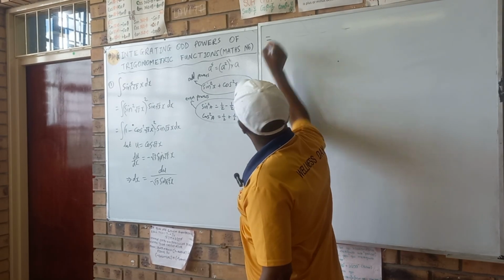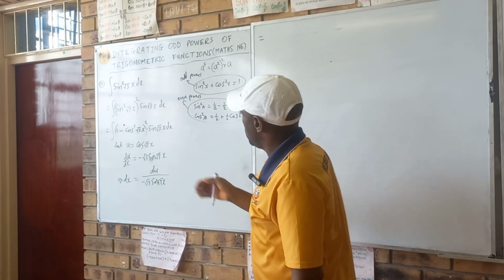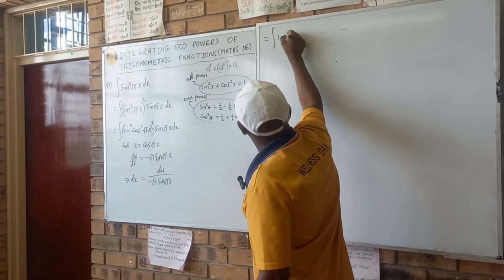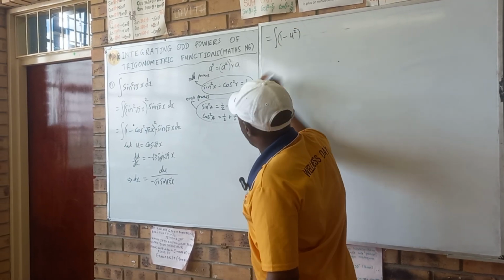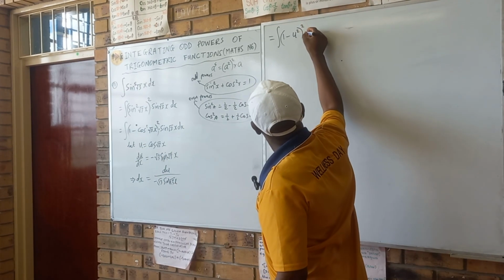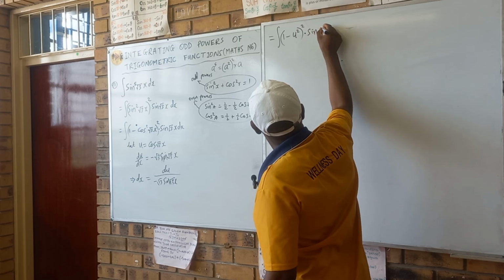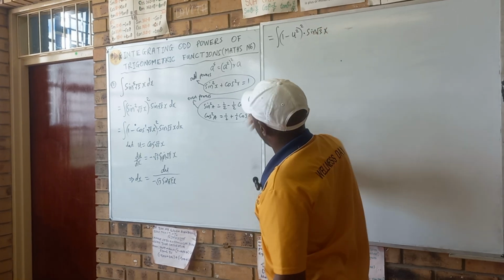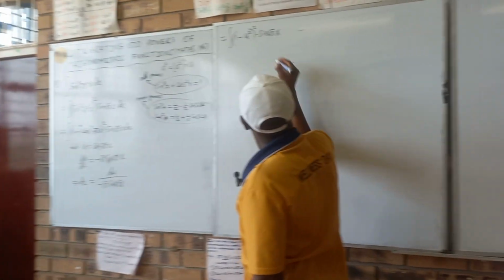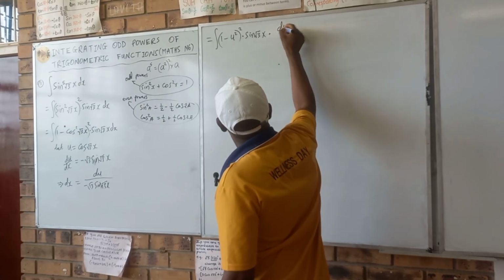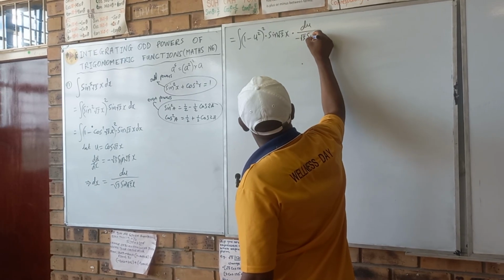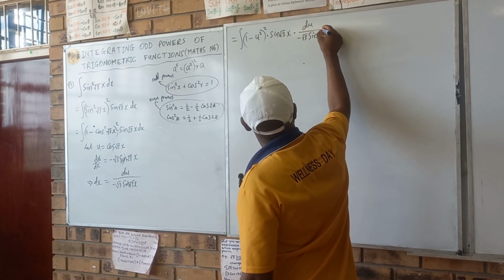And if I continue my integral this side, I do my substitution. It will be the integral of 1 minus u squared. So it means in the place of cos, I'm putting u, then squared again, multiplied by sine root 3x, then my dx is replaced by du on negative root 3 sine root 3x.